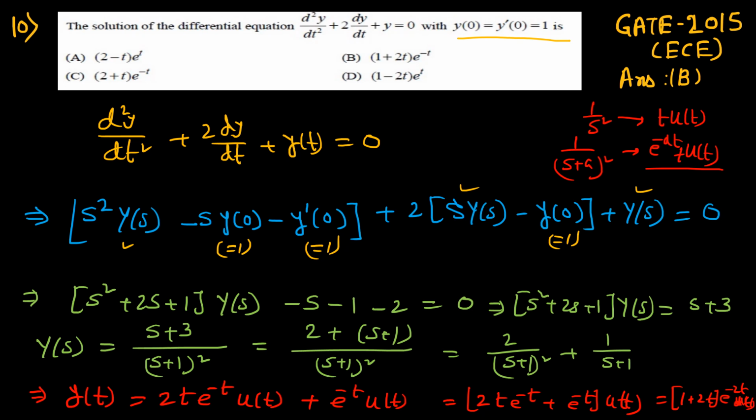Okay, so this one is the correct answer, B. Right? So whenever you get this type of differential equation, first take the Laplace transform, use the initial conditions properly, then get the capital Y of s, then take inverse Laplace. You will get the time domain signal. That is your solution.